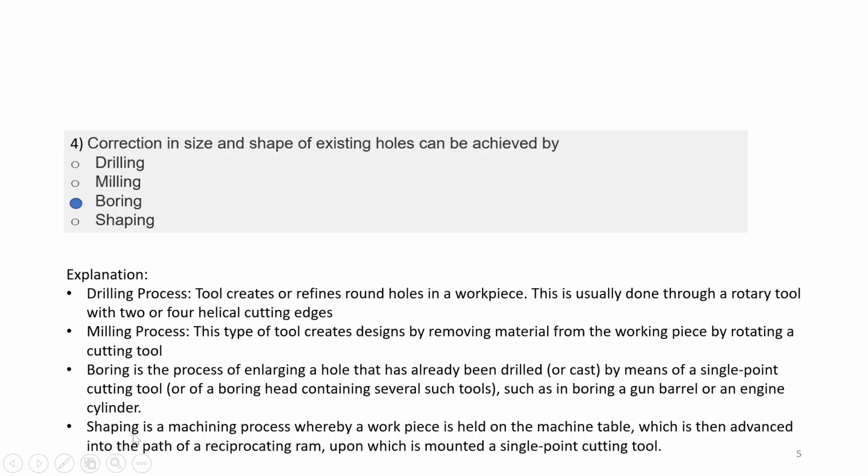In case of shaping, it is a machining process whereby a workpiece is held on the machine table, which is then advanced into the path of a reciprocating ram upon which is mounted a single point cutting tool.